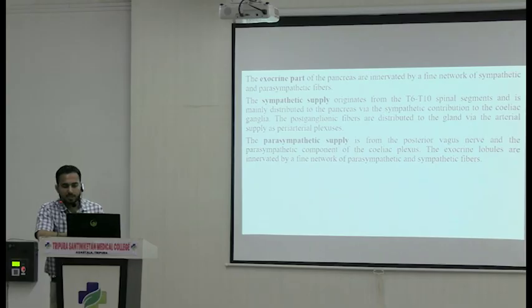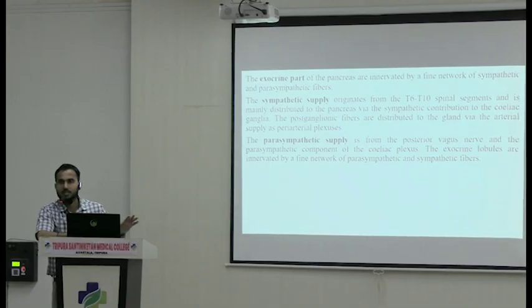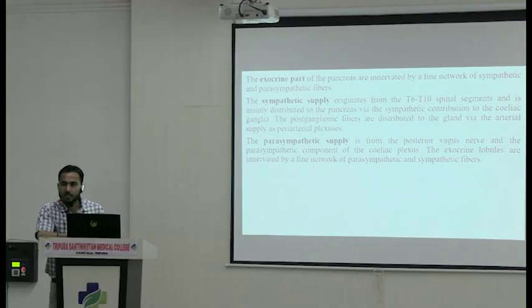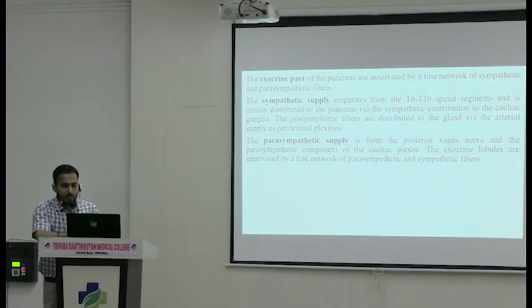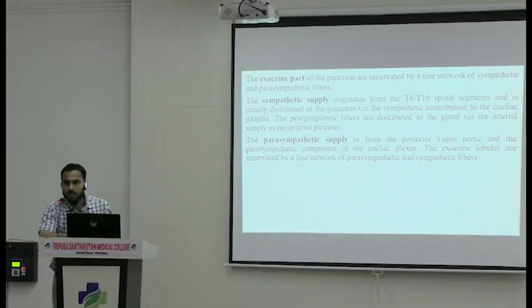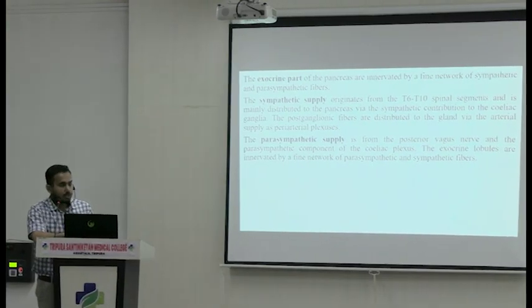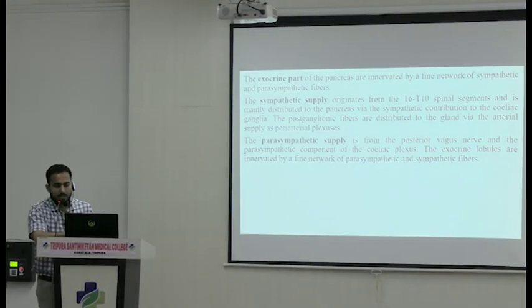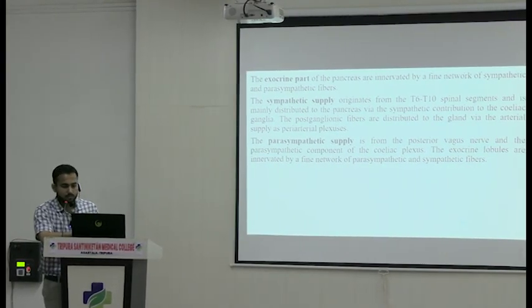The postganglionic fibers are distributed to the gland via the arterial supply; through the arterial supply the branches go and spread into the organ. The parasympathetic supply is coming from the posterior vagus nerve, also through the celiac plexus. The exocrine lobules are innervated by a fine network of parasympathetic and sympathetic fibers.